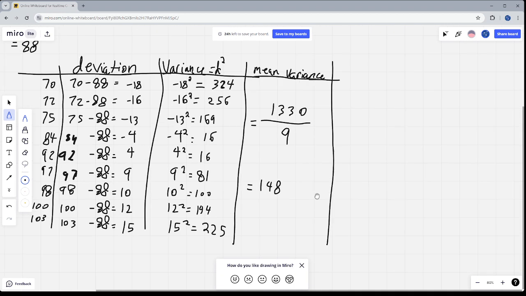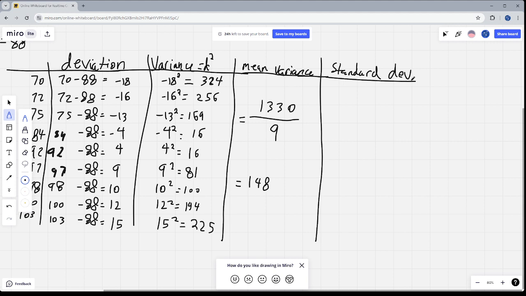And now the last thing we need to do is undo the magnitude change when we squared it in this step. So we're just gonna square root our variance, right? And that's gonna leave us with standard deviation. And we should always remember that it's just equal to the square root of variance.